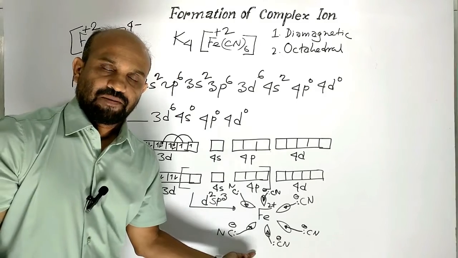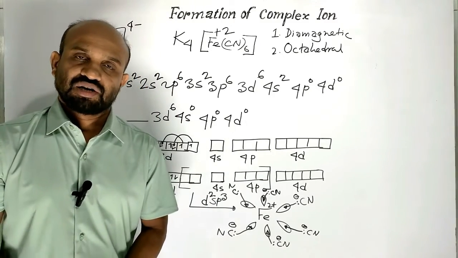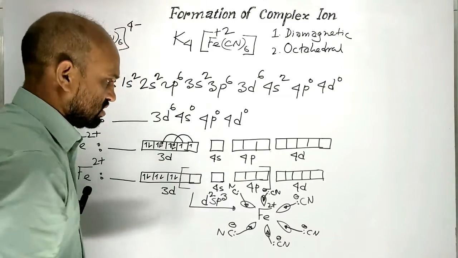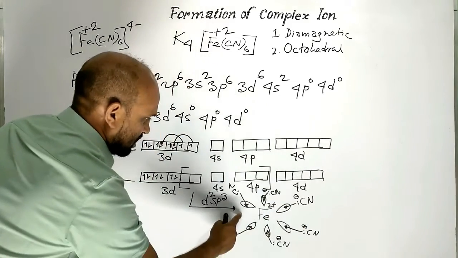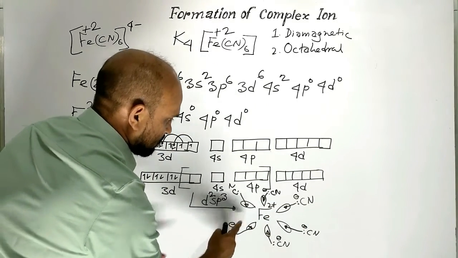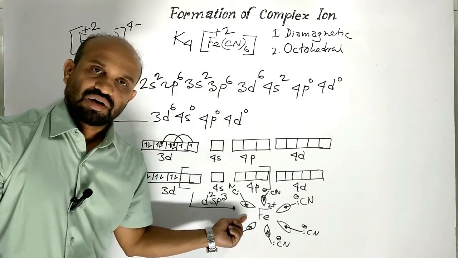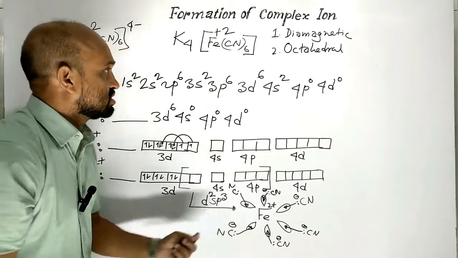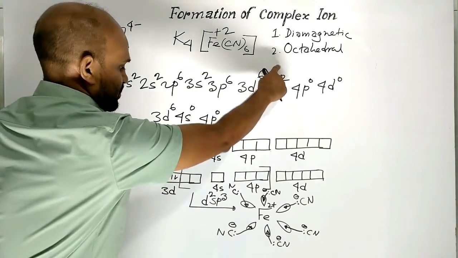In this way, hexacyanoferrate 2 ion is formed, in which 6 cyanide ions form 6 covalent bonds to iron 2 plus ion, which is octahedral in shape.